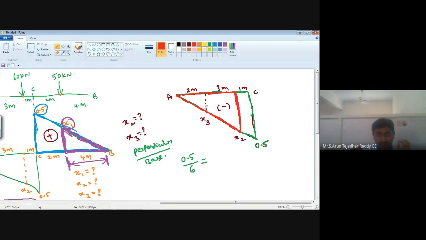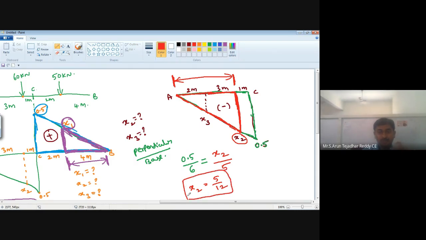In this red color triangle, the perpendicular is x2, by the base up to this point. The base is 2 meter plus 3 meter, that is 5. Now from this we can easily calculate our x2 value, that is 5 by 12.